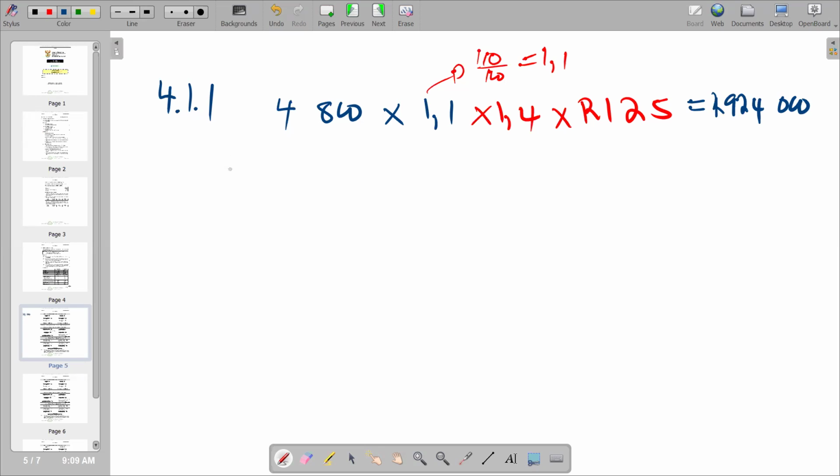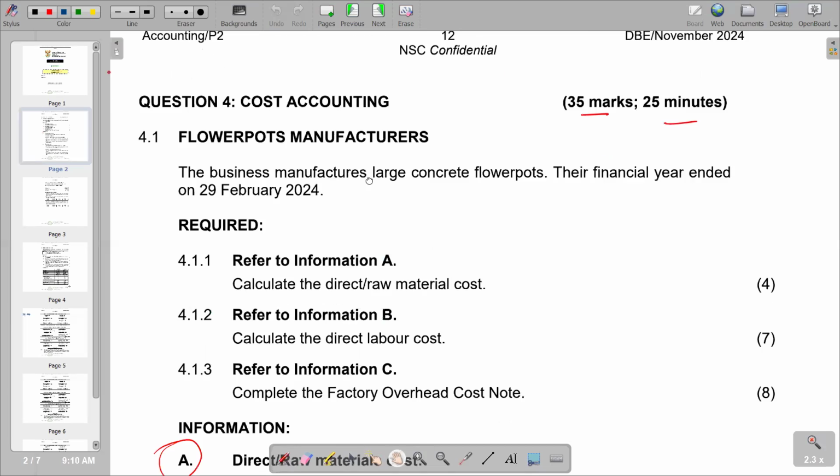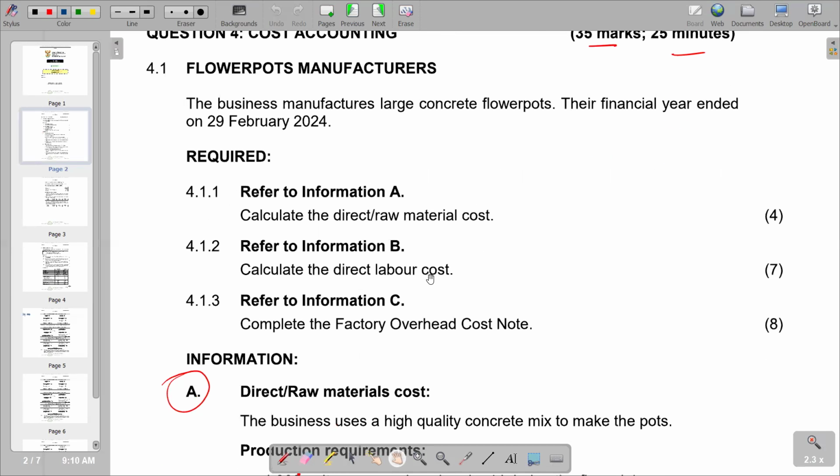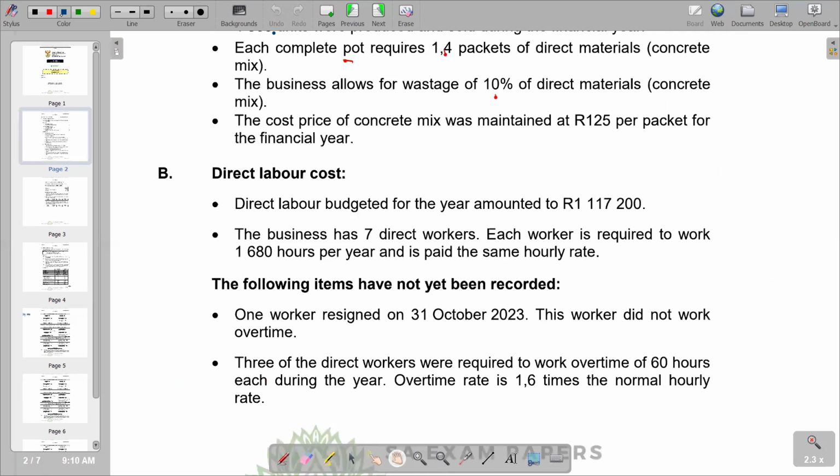Moving on to the second part of the question, it reads, calculate the direct labor costs and we refer to information B. We want to see, according to information B, what is the direct labor cost. We're given that the direct labor budget for the year amounted to 1,117,200.